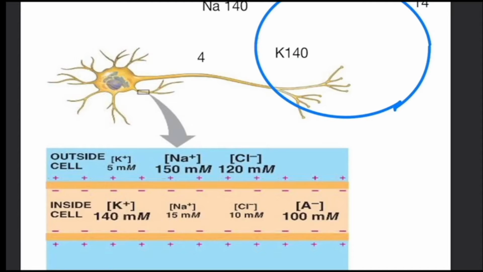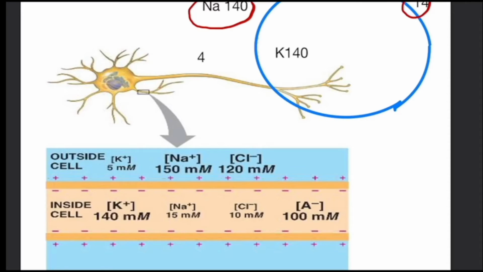This is the approximate concentration of various ions. I have already mentioned that one of the fundamental things for maintenance of resting membrane potential is the differing concentration, or the concentration gradient, of various ions. The major ions we are concerned with are sodium and potassium. Sodium is the major cation outside, approximately 140, and inside it is only 14.